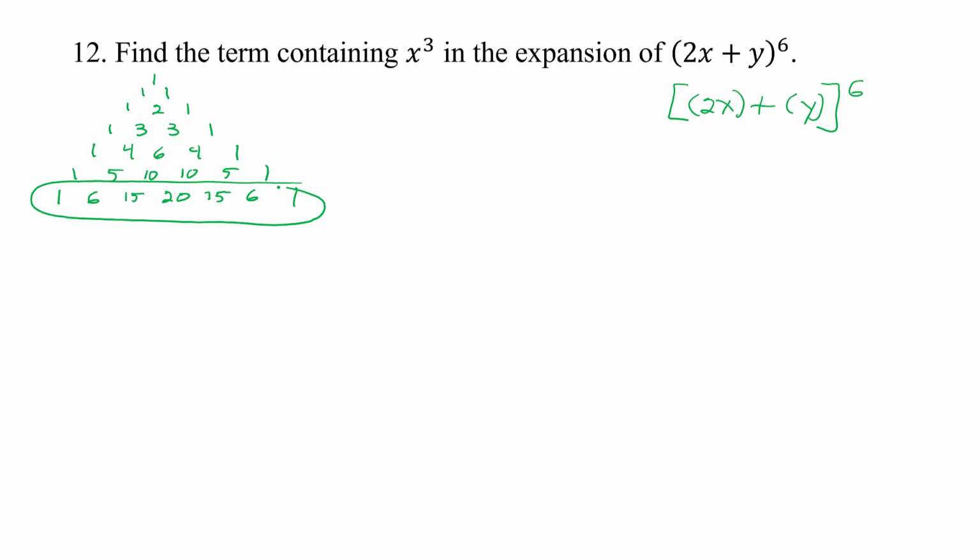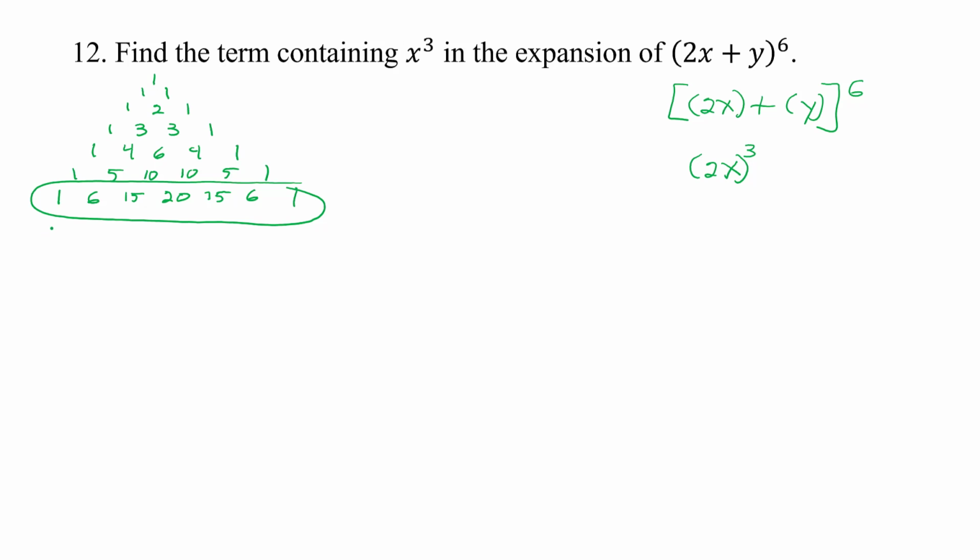So for x to the third, if I take 2x and raise 2x to the third power, that's the term from which I'm going to get x cubed, right? So let's think.